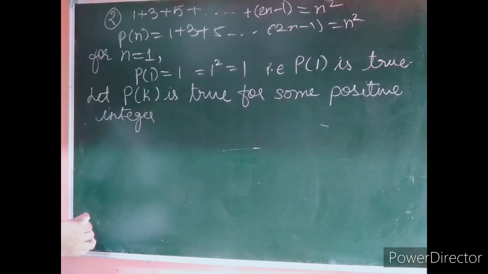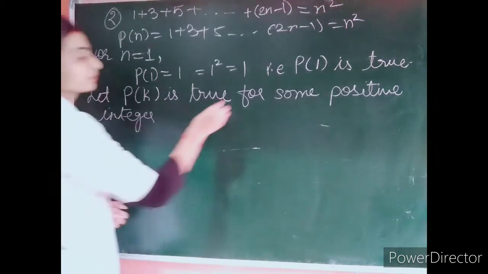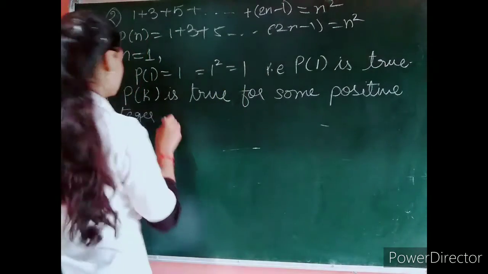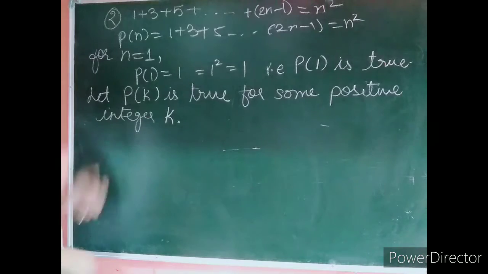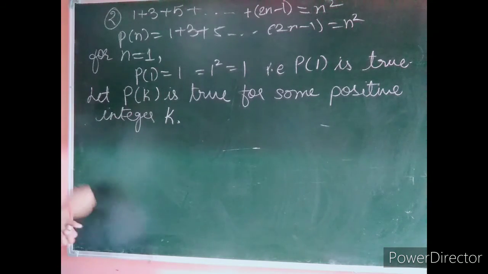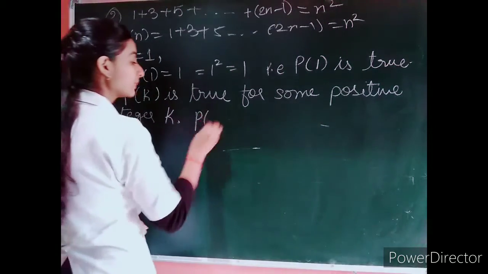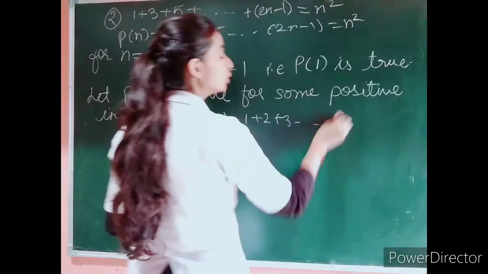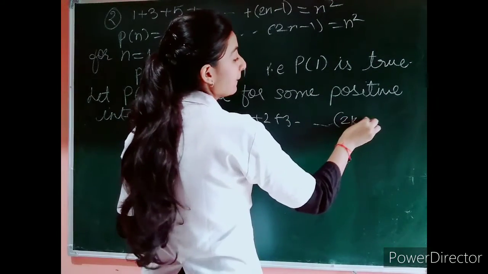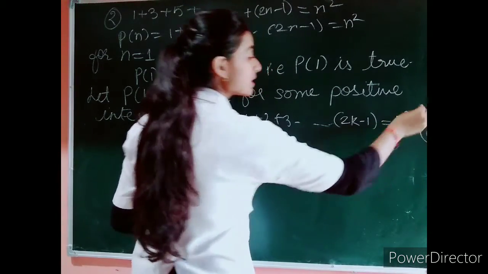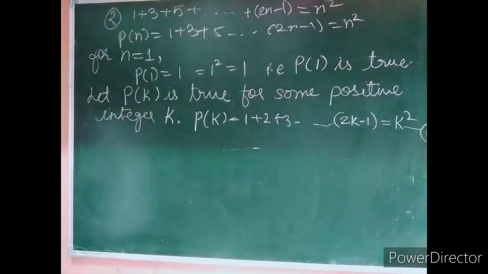We consider that Pk is true where k is some positive integer. Now we can put Pk is equal to 1 plus 3 plus 5 up to 2k minus 1 is equal to k square. That is our equation number 1.